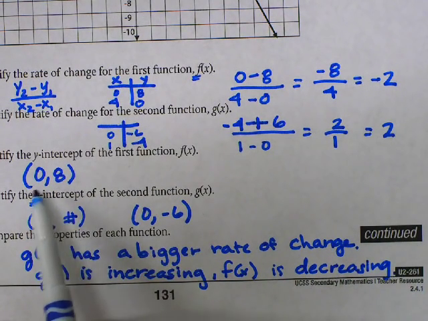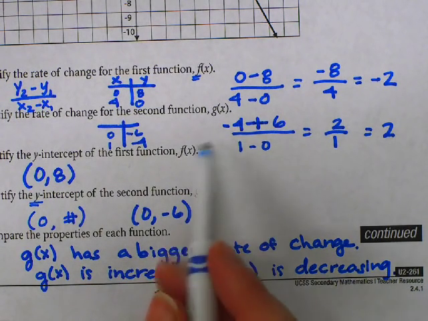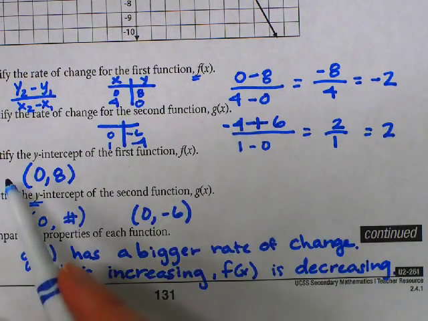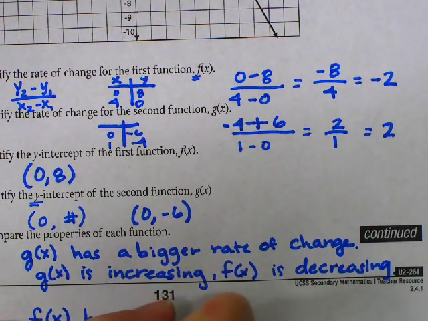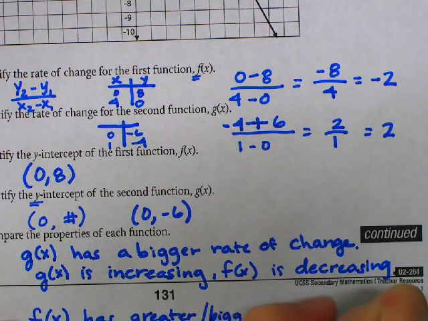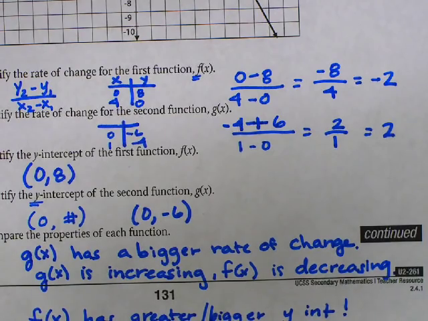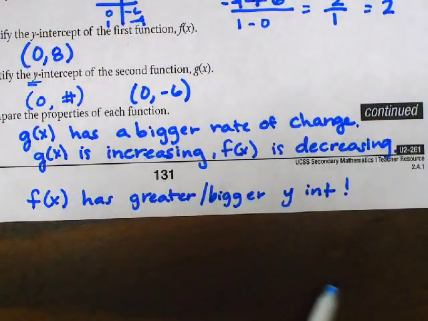F of x had an intercept at 0, 8, and g of x at 0, negative 6. So I would say that f of x has the higher y-intercept. F of x has a greater, bigger y-intercept. And that's how you would compare your two functions.